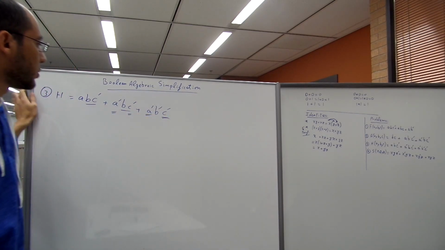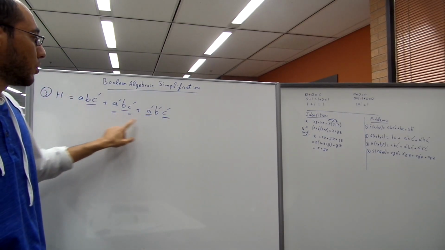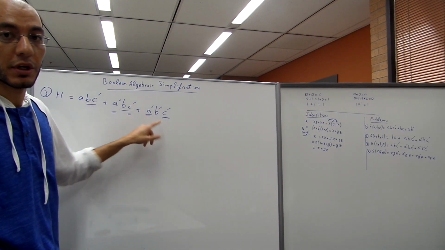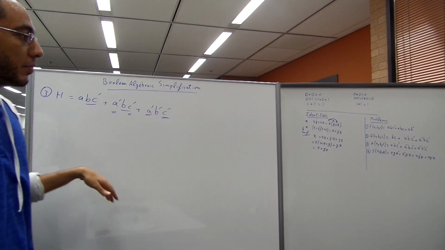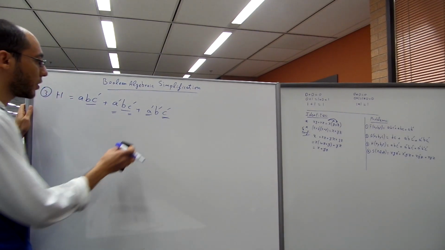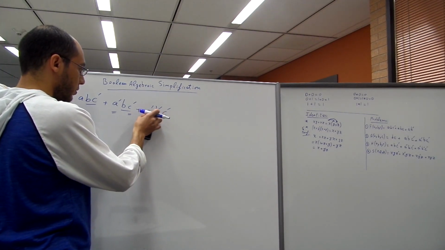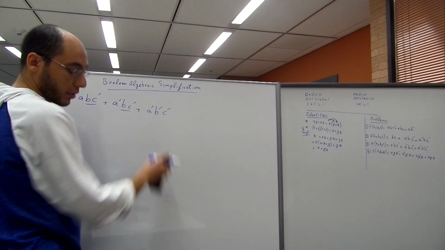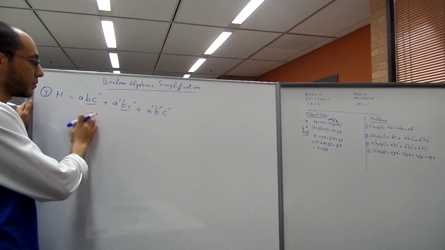So you could take these two or these two together. It doesn't really matter. I'll begin with one of them and I'll leave the second one for you. So I'm going to begin with these two terms.